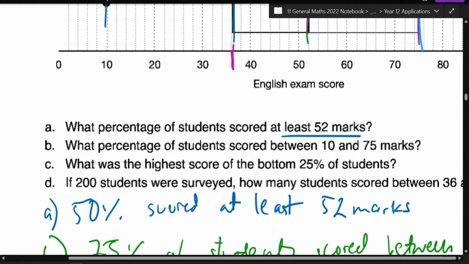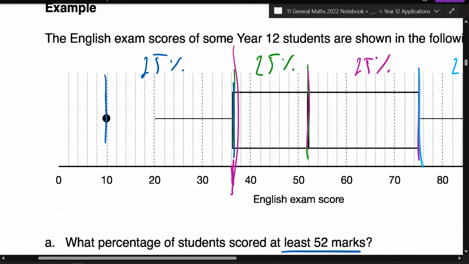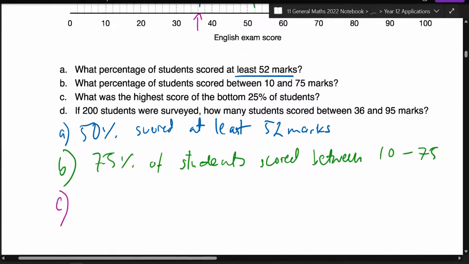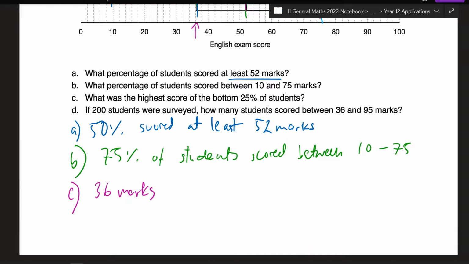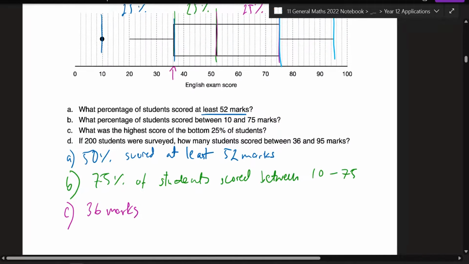If you look at the number line, the highest score for the lowest 25% would be that value there. So 36 marks is the highest mark for the lower 25%.